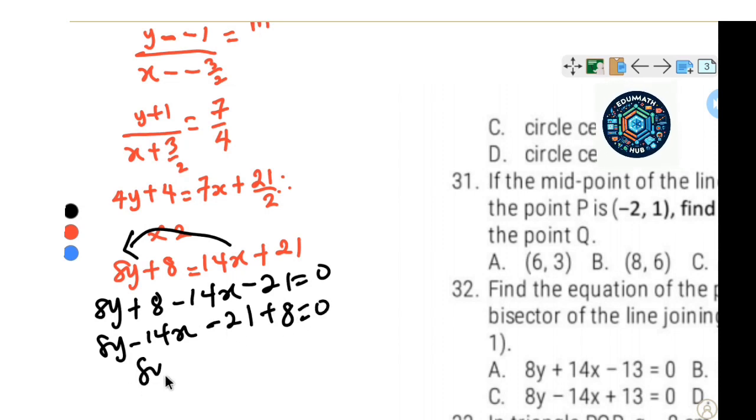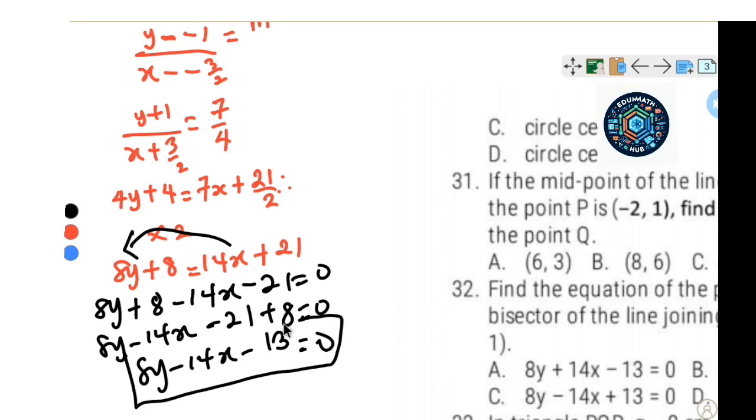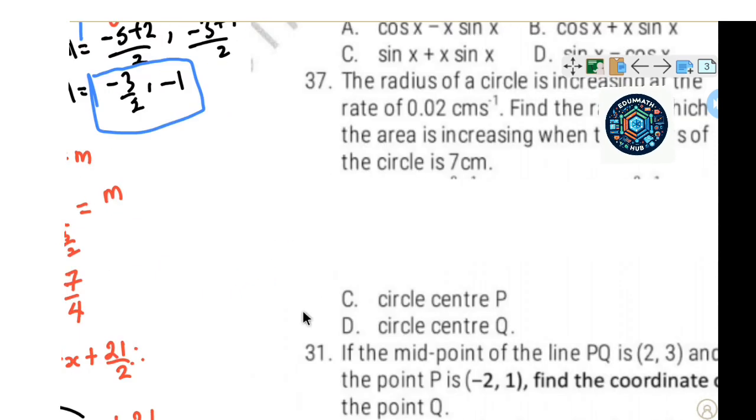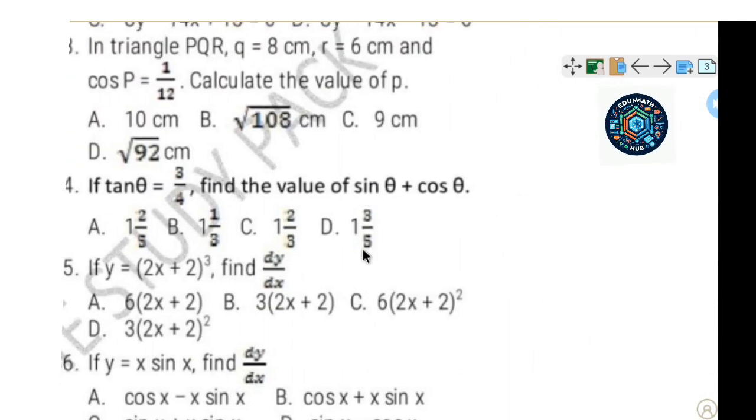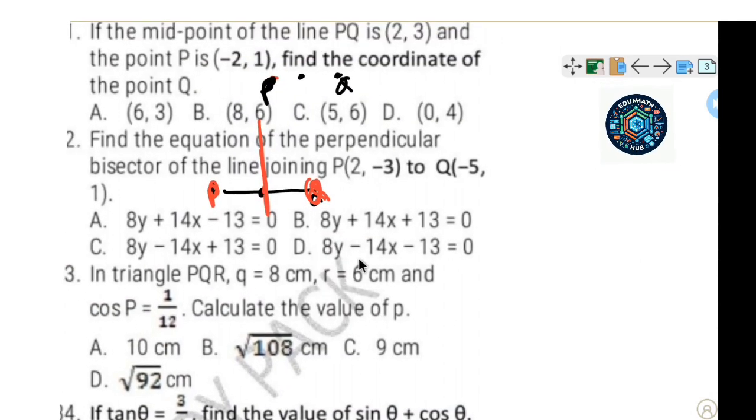This will give you 8y minus 14x minus 13, because 21 minus 8 is 13, equals 0. This is the equation of the line. So you go to your option: 8y minus 14x minus 13 is equal to 0. That was under coordinate geometry. So this is the answer.